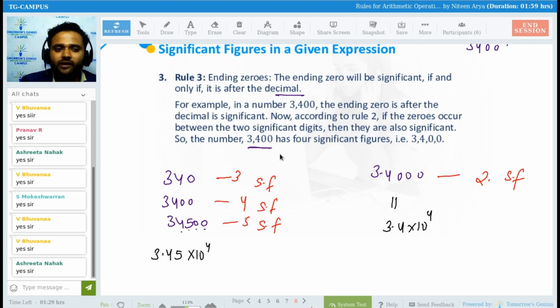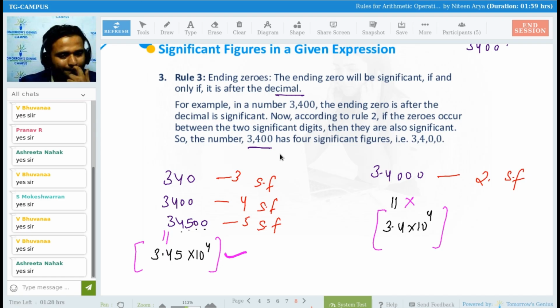Why so? Because it is already after a decimal. So this is wrong practice, but this one is right.